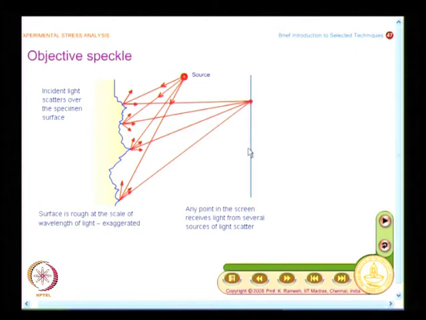And I take another illustrative point, where again I will have light rays from all the scattered points. This is the key point, any point in the screen receives light from several sources of light scatter, is an important characteristic of objective speckle.